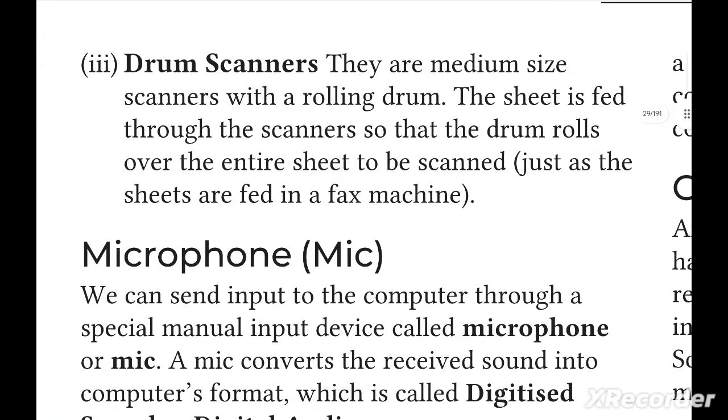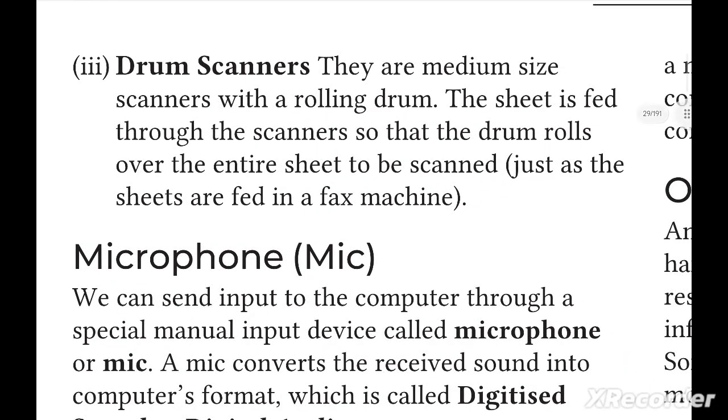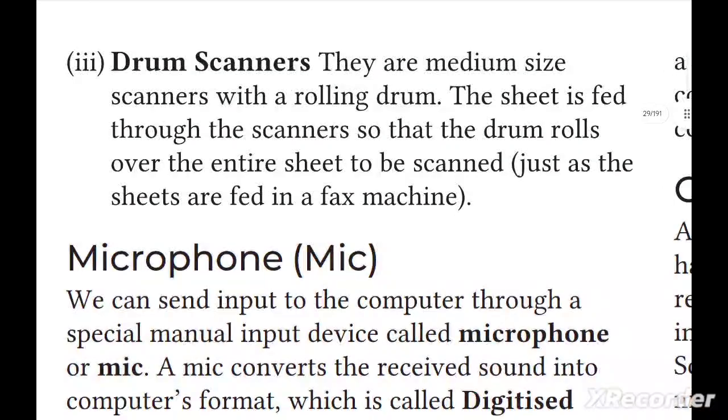Next, drum scanners. They are medium sized scanners with a rolling drum. The sheet is fed through the scanner so that the drum rolls over the entire sheet to be scanned, just as the sheets are fed in a fax machine.